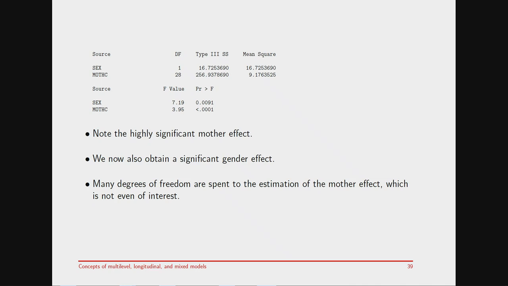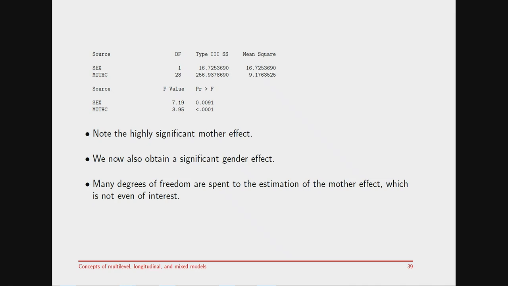The mother effect is extremely significant, not a big surprise, because you could see that there would be an important mother effect, and that's exactly why we did this analysis. But what is much more important for us is the gender effect. P-value 0.009.